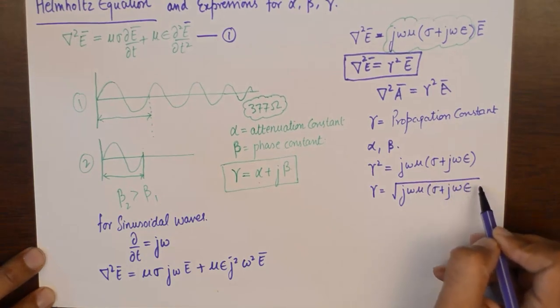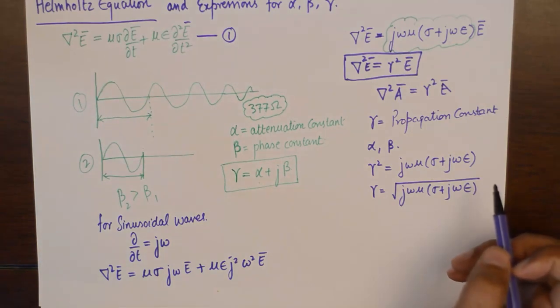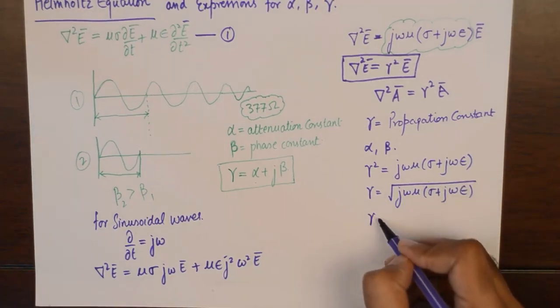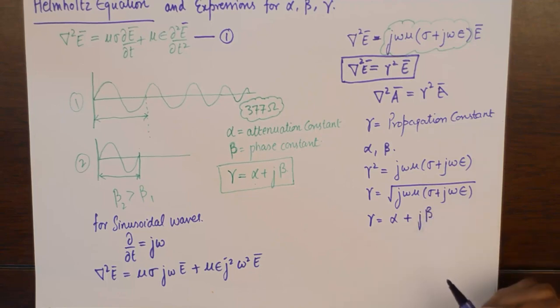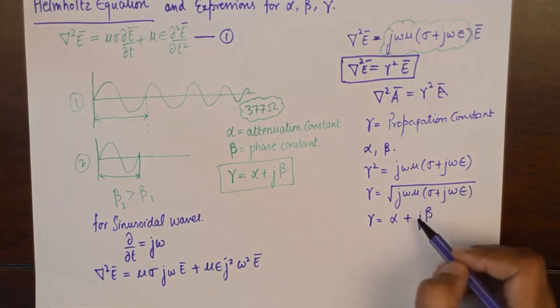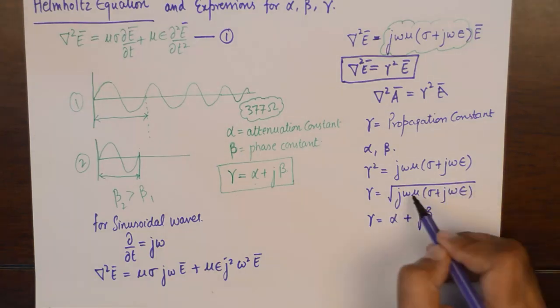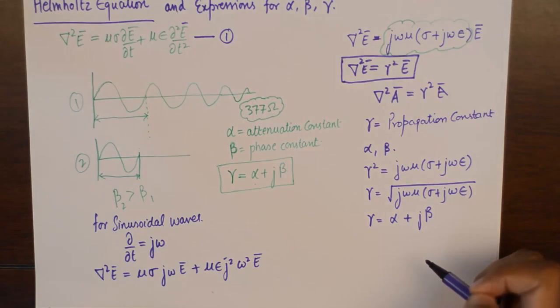Now extracting real and imaginary parts from this term should give us alpha and beta. So in other words, we have alpha plus j beta is equivalent to this term in the under root.